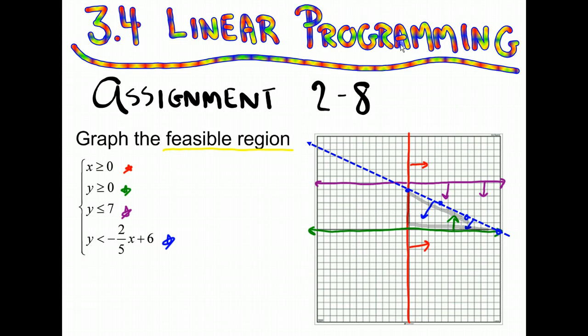So the region I'm talking about is this triangle right in here. This is our feasible region, which we used to call the solution, but now when we're applying it to word problems, we'll say feasible region. So any point in there, in that gray area, will satisfy all of these inequalities here.